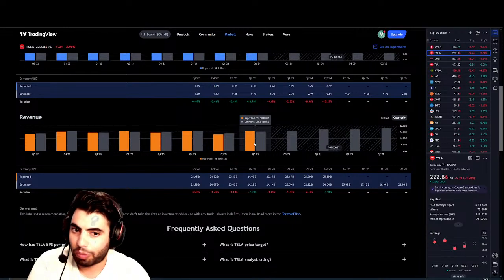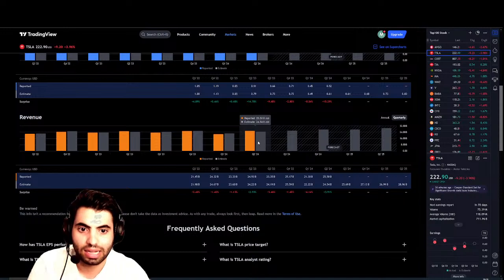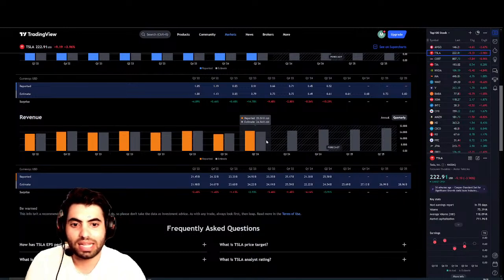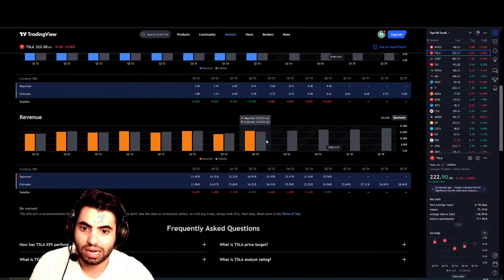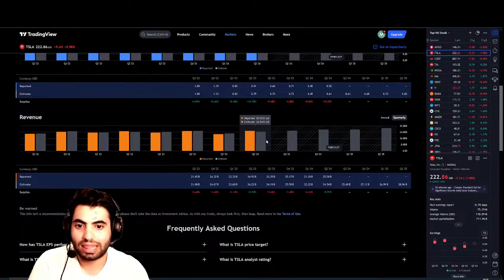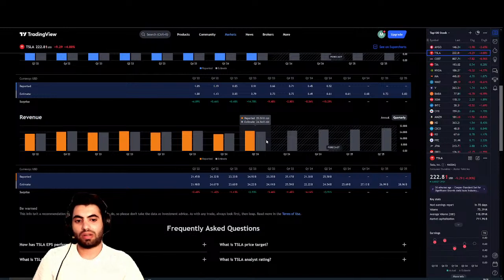For example, for revenue, it was reported at 25 billion and it was estimated at 24.5 billion. When the real numbers overcome the estimation of traders, the price basically moves up.